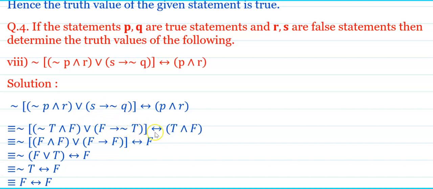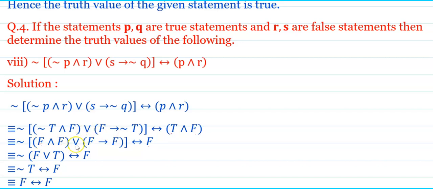Negation of T, double implication, P is a T, and R is F. Now we'll solve this. T and F, that is F. Next, again this negation. Negation of T is F, F and F. We'll get again the F here.